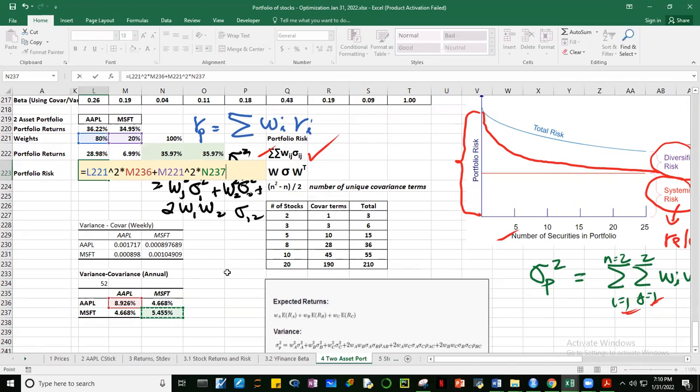Plus 2 times W1 times W2 times the covariance of 1, 2, either this one or this one. Take a look at the formula, guys.